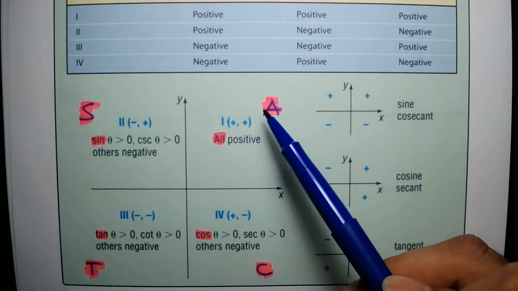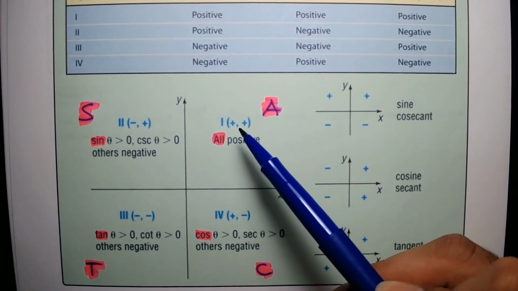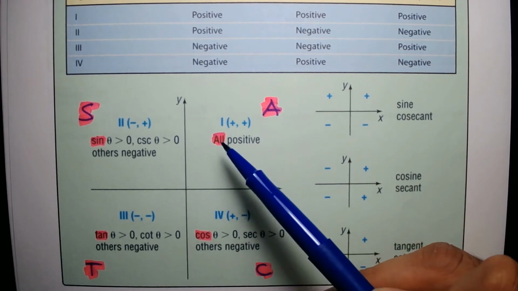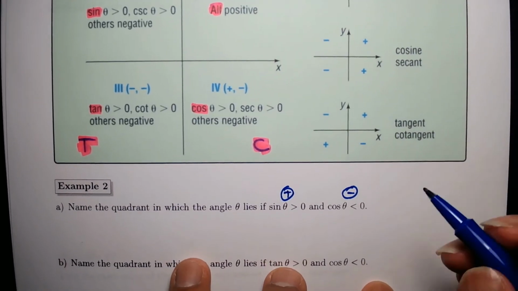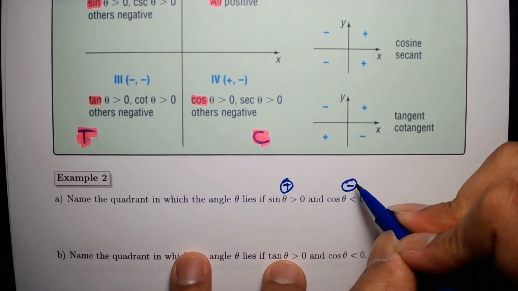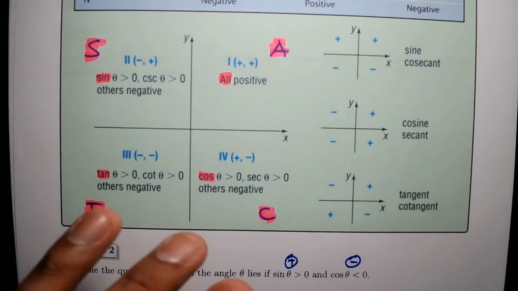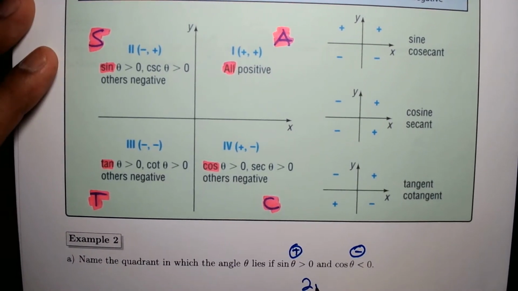In the first quadrant sine is positive, but all are positive there. We're looking for a quadrant in which cosine is negative, and that quadrant is the second quadrant.